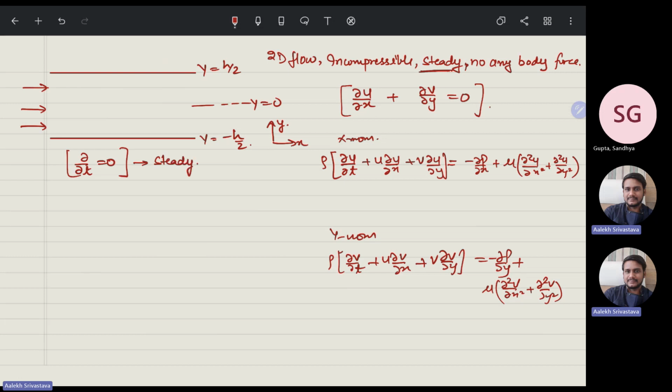Okay. Now another assumption we need to write is that the flow is fully developed. If the flow is fully developed, it means that there is no change of velocity in the x direction. The flow has already been established. This is the meaning of fully developed.